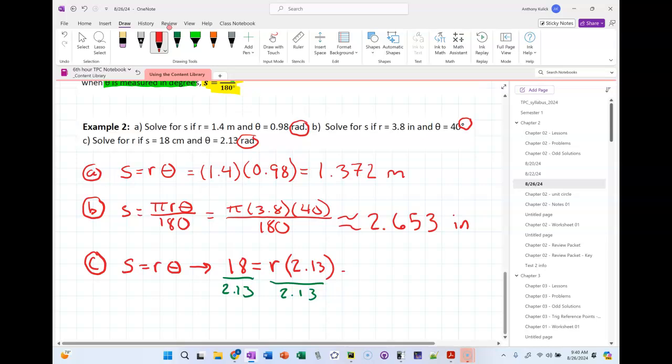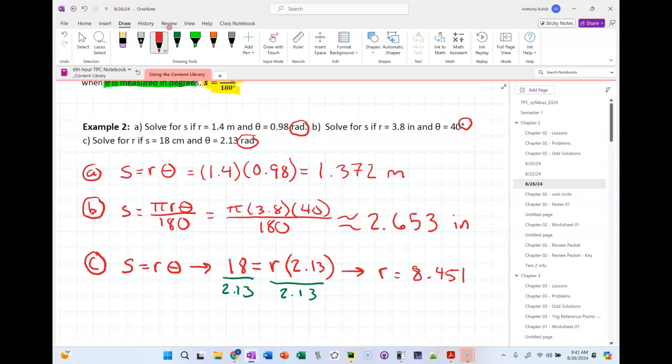Should be no big deal. When I type that through in my calculator, I get about 8.451. And the unit for that radius should match the unit for the arc length S, so it should be centimeters.